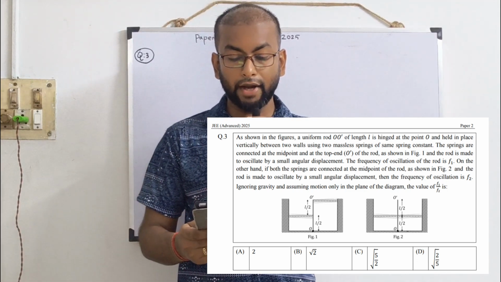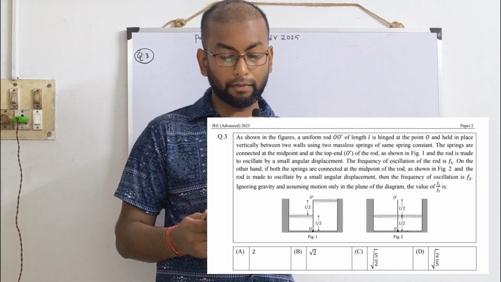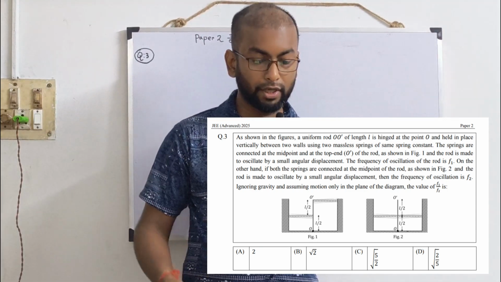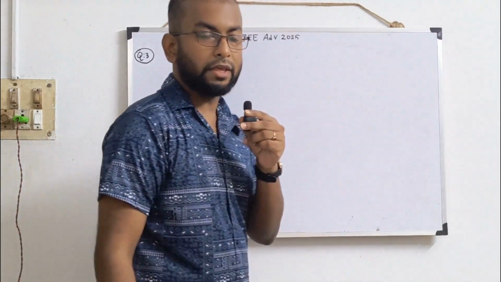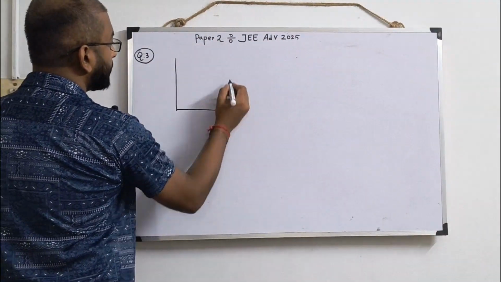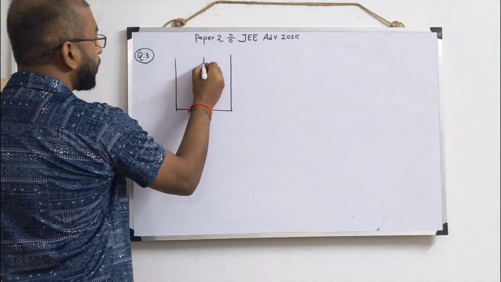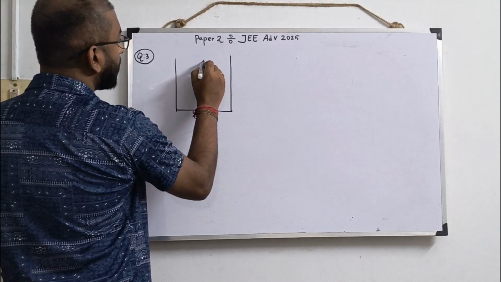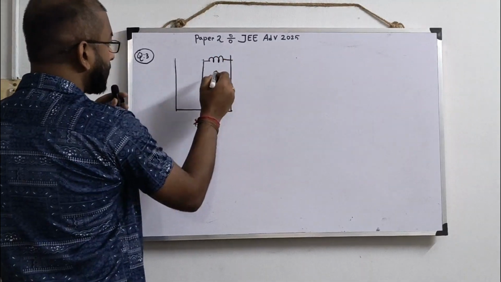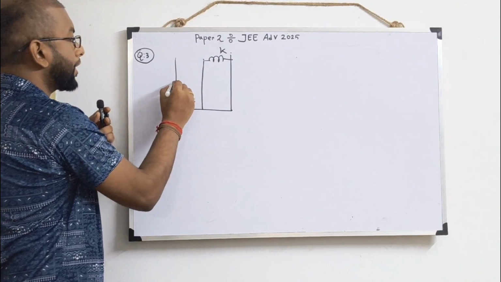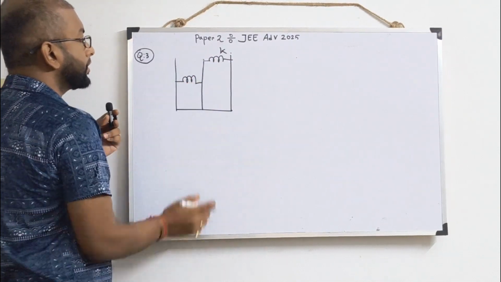Ignoring gravity and assuming motion only in the plane of the diagram, we have to find out the value of F1 by F2. Now, two arrangements are given. The first arrangement is this one, where this rod is connected to the wall via two springs of same spring constant K. One spring is connected at the top end and another spring is connected at the midpoint.